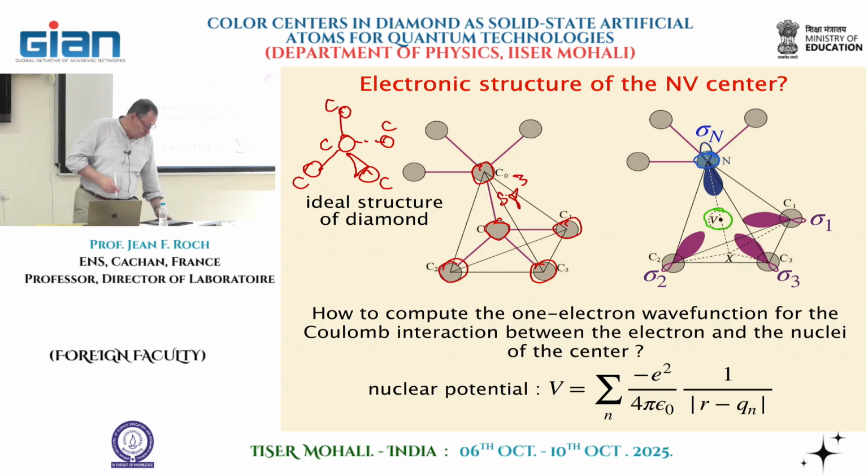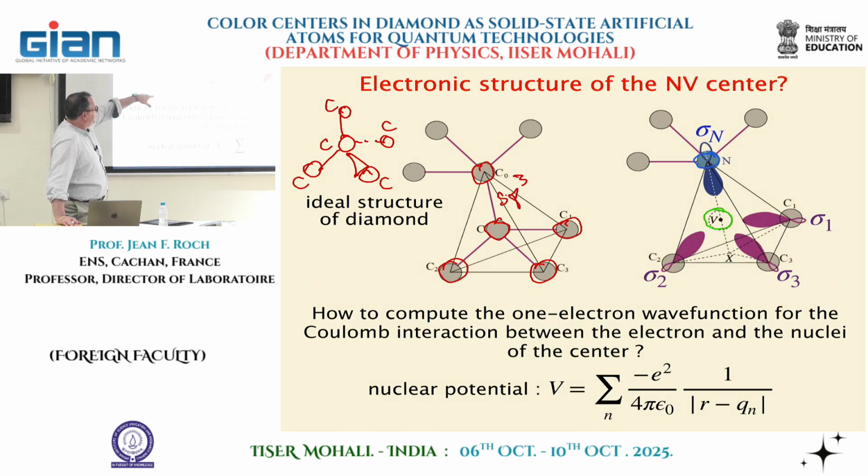So now I want to compute the 1 electron wave function for the Coulomb interaction between the electron and the nuclei of the center. So this is this expression. I suppose I have 1 electron in this system, and I let it interact with the 4 nuclei, nitrogen, carbon, and 3 carbon that I have here.